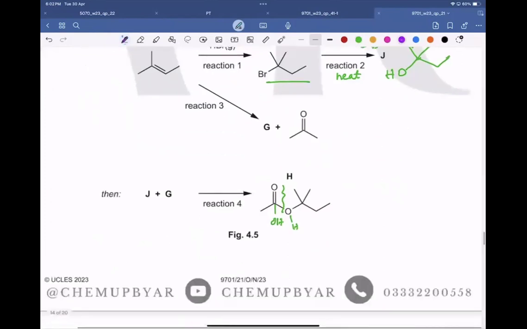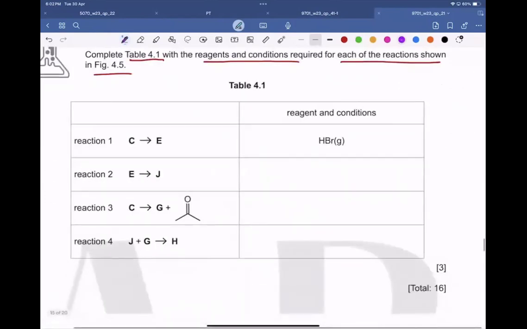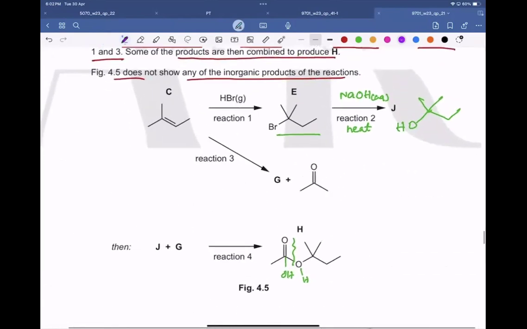So in reaction 2, I have identified the reagent and condition: aqueous sodium hydroxide and heat or warm. Is this clear to all of you?